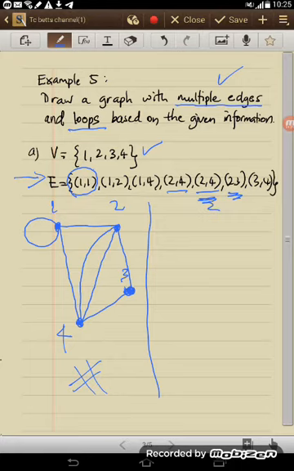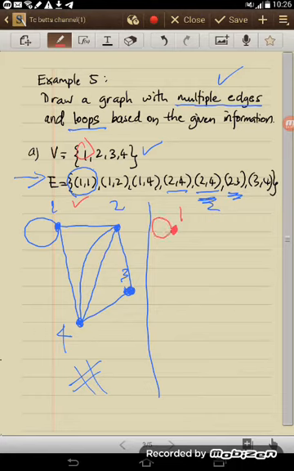Next, if you want to do a different method, you can also do it with the vertices one by one. Let's say you start with one vertex first, that is number 1. So 1 here, and then you go here, so that is a loop over there.